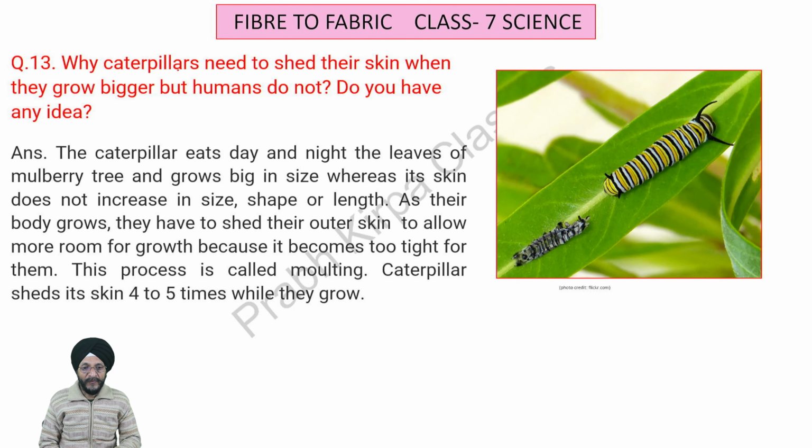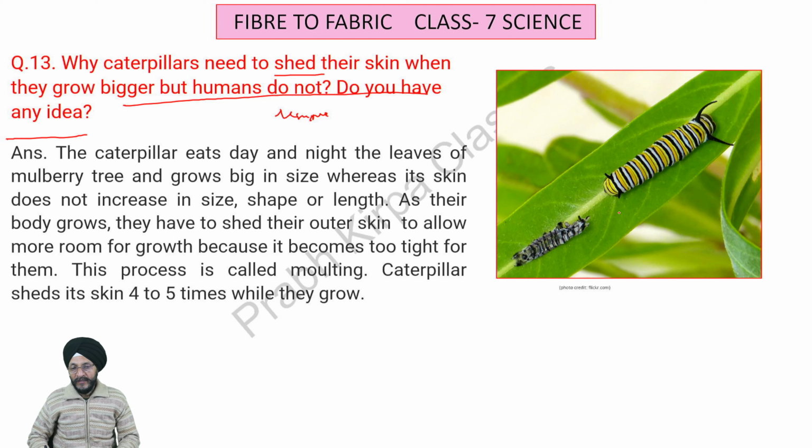Next, why do caterpillars need to shed their skin? Shed means remove their skins, when they grow bigger and humans do not. Do you have any idea? As already told, the caterpillars or the larvae go on eating mulberry leaves day and night, and they go on increasing their size.